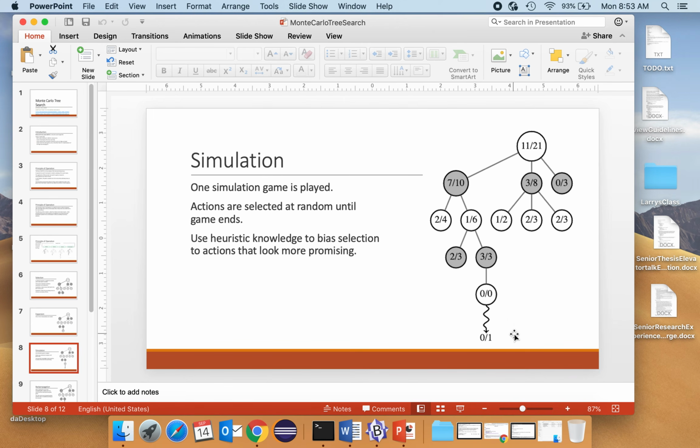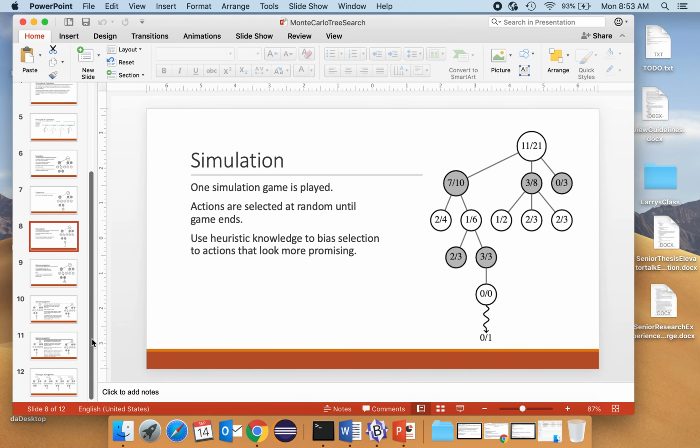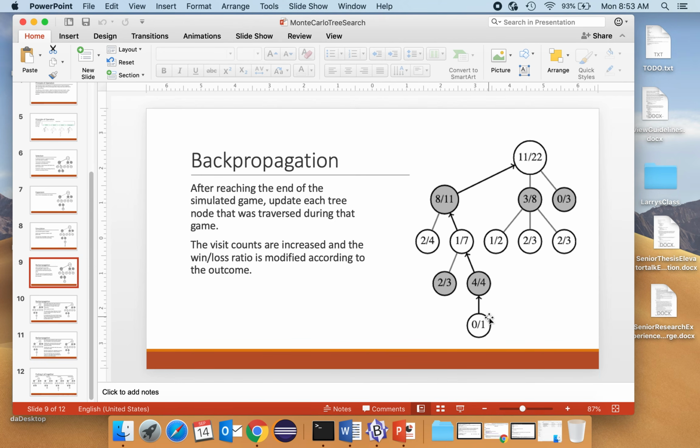So in this particular example, I think we lost and we played one game. So now what? Well, we need to propagate this information back. So we're going to modify the nodes on the path back to the root. Okay, so this is the data over here. We lost it, our opponent won it, and so on and so forth.